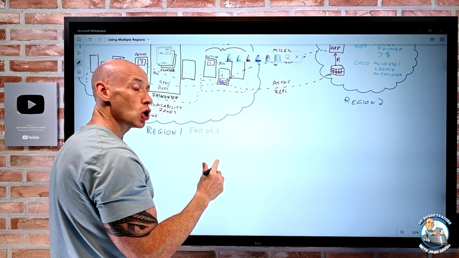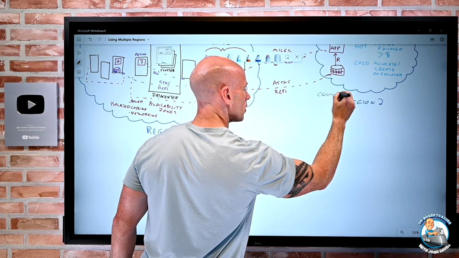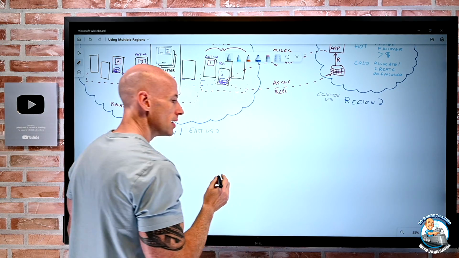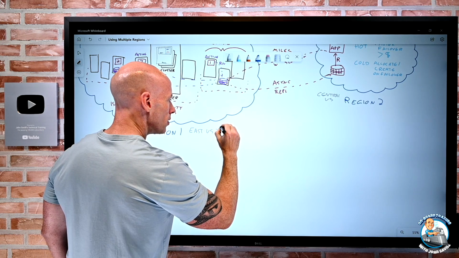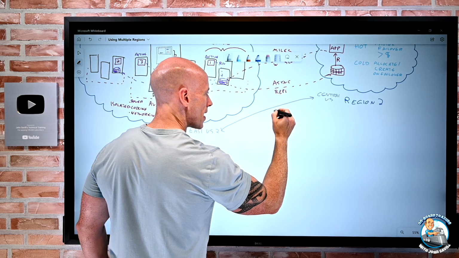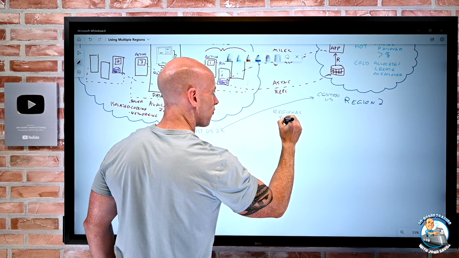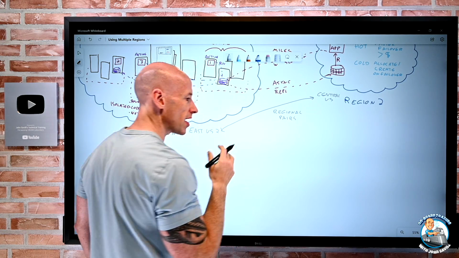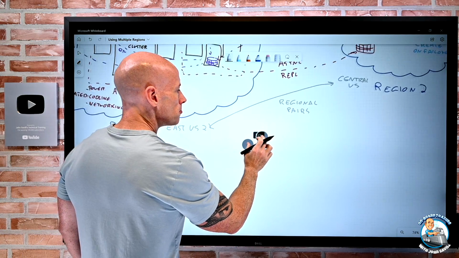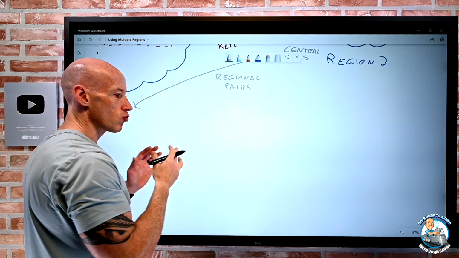And my region 2, their pairing, was Central US. So they are regional pairs. I'm following the Microsoft recommendation of those. Okay, so great. Why? What does this actually give me to use those regional pairs?